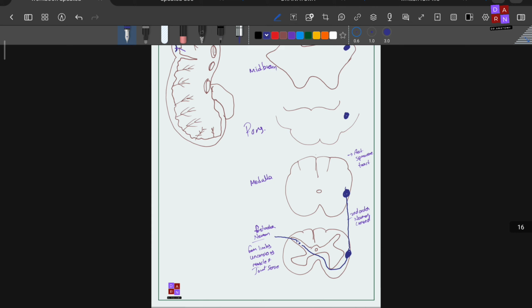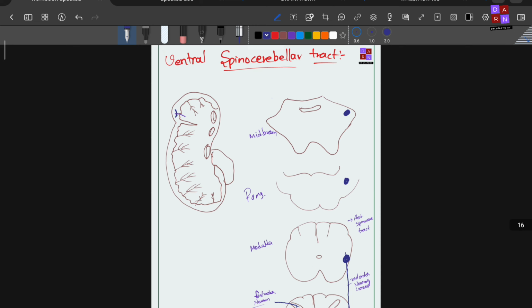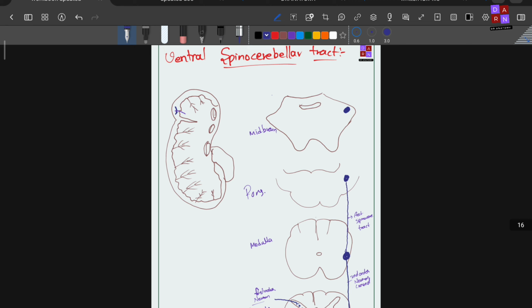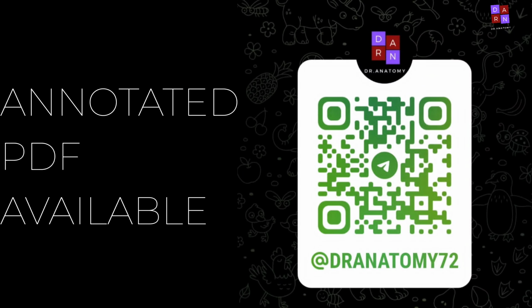It ascends through the medulla, pons, and midbrain, and goes through the superior cerebellar peduncle. As I discussed, there are three peduncles, and this is your superior cerebellar peduncle.